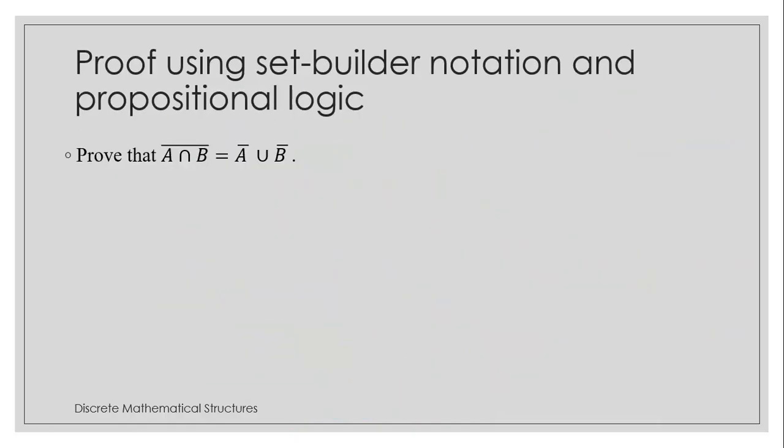Then the second method is using set builder notation and propositional logic. Now in this we start our proof by defining this set. So this set can be written as A intersection B bar is equal to x such that x does not belong to A intersection B. This is the way that we represent a set using set builder notation.